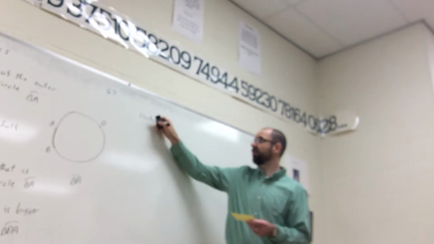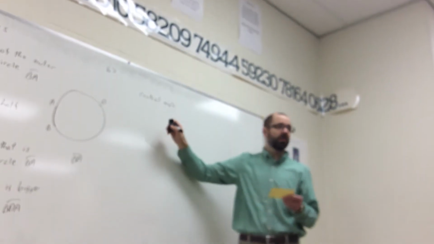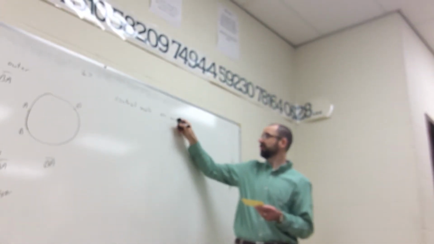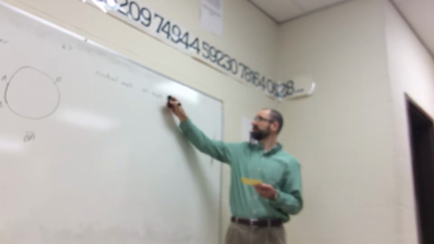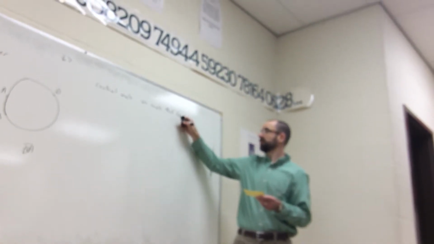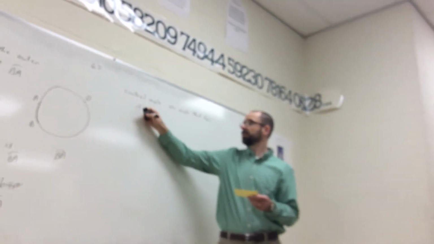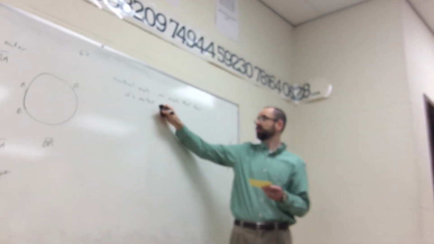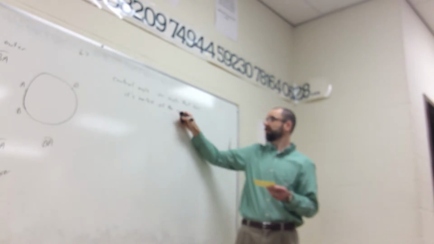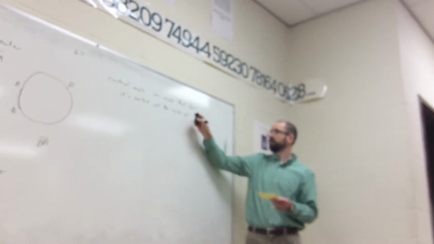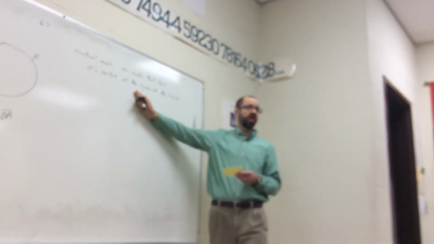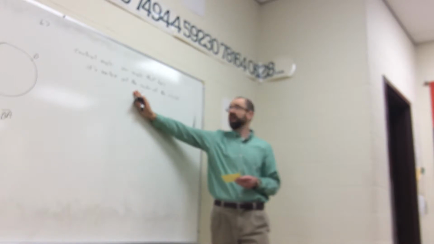Okay, next is central angle. A central angle is an angle that has its vertex at the center of the circle.